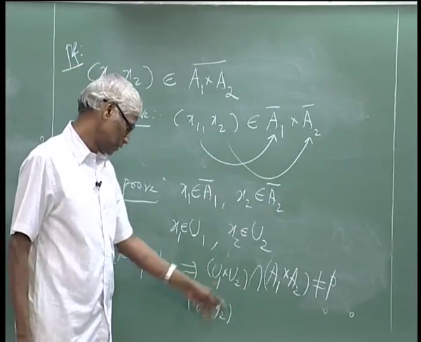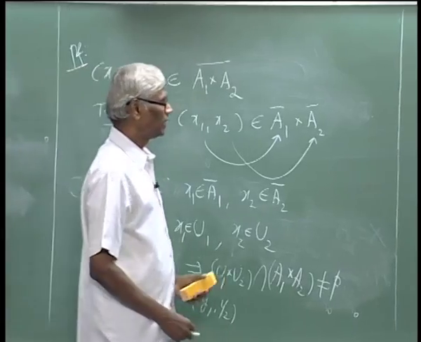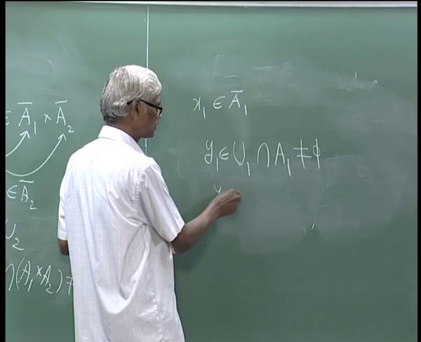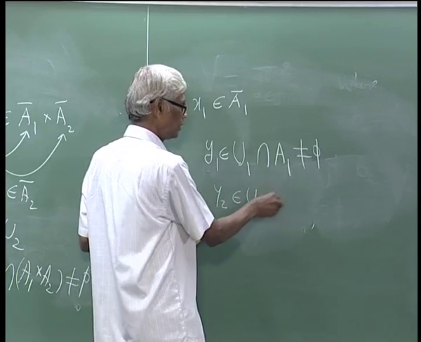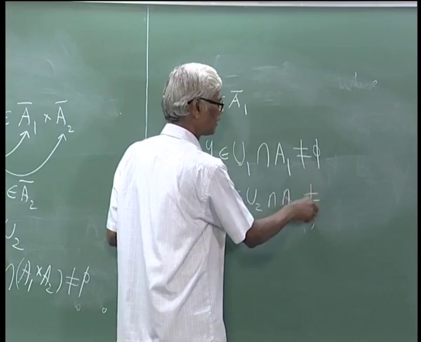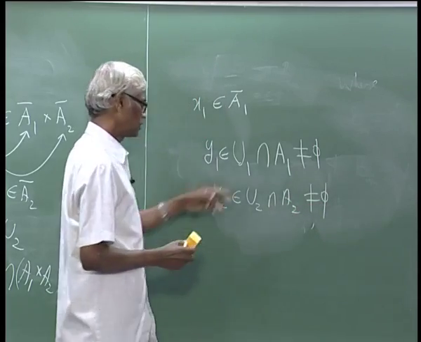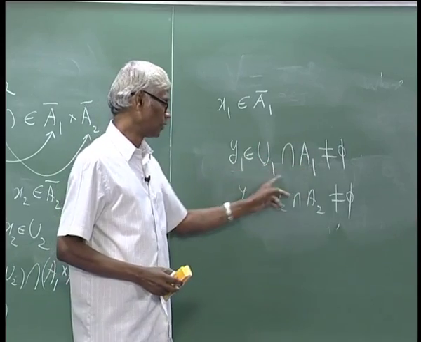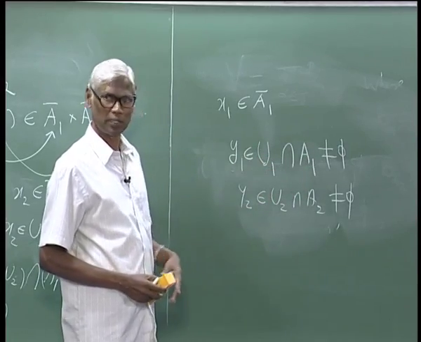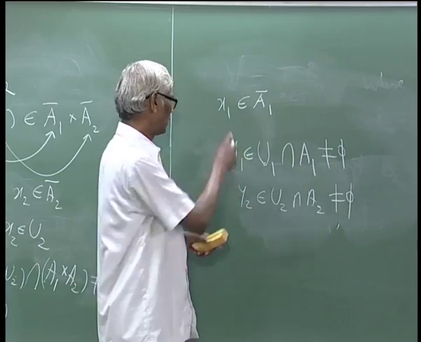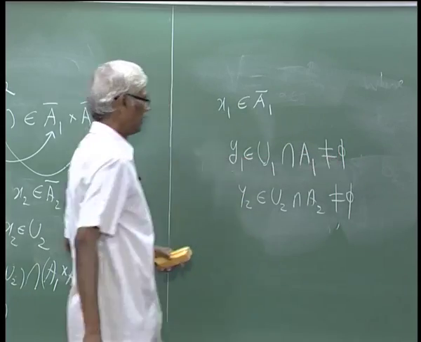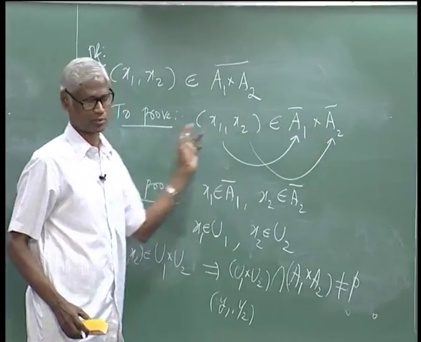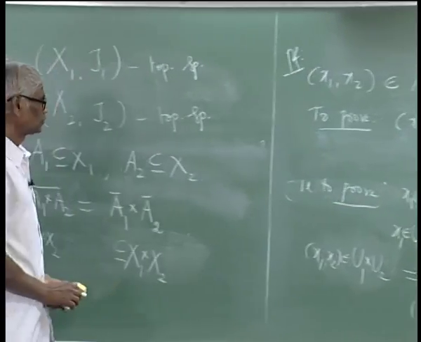So, hence this U2 intersection A2 is non-empty. So, when this is true for every open set U1 containing x1, U1 intersection A1 is non-empty. So, that implies x1 is in A1 closure, similarly that x2 is in A2 closure. So, that is what we wanted to prove.